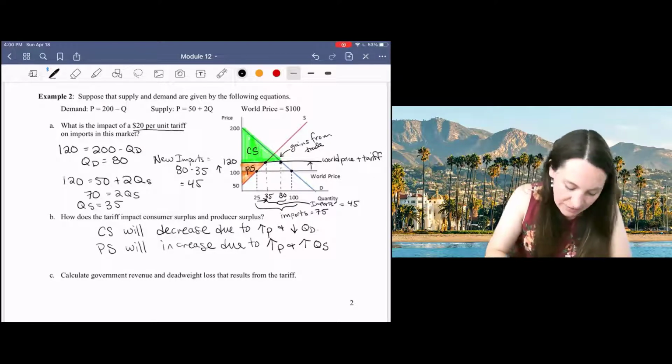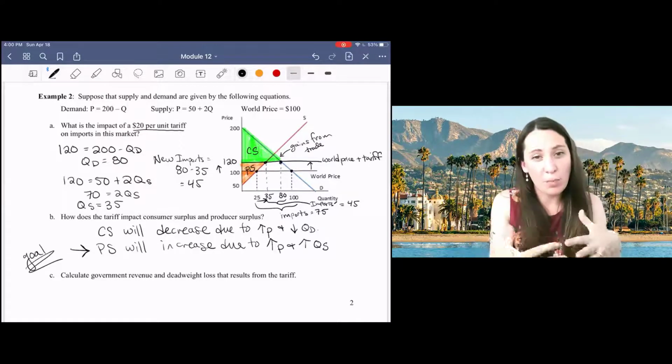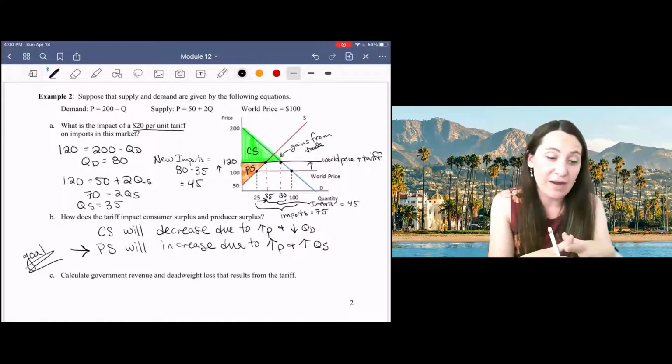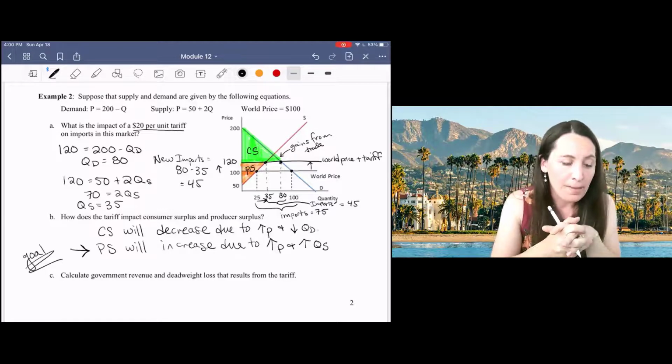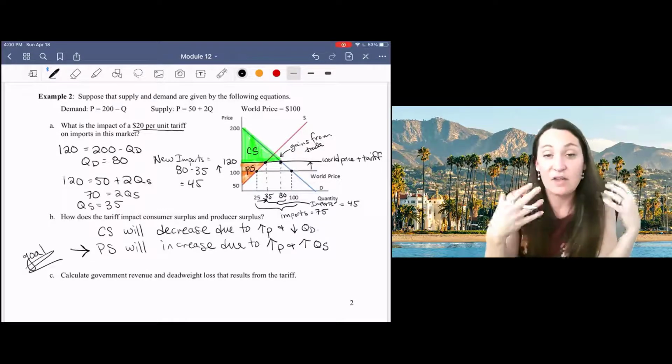And remember that this was really the goal of the policy, right? To help domestic producers that might otherwise be negatively impacted by international trade. And then the question becomes, is it worth it, right?